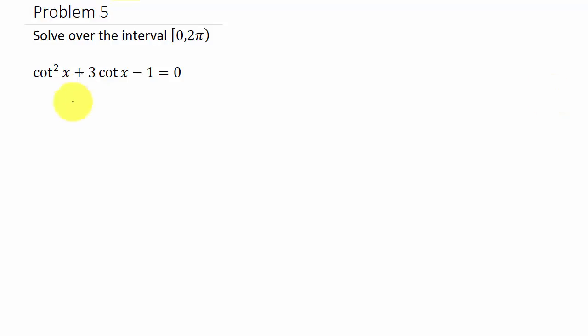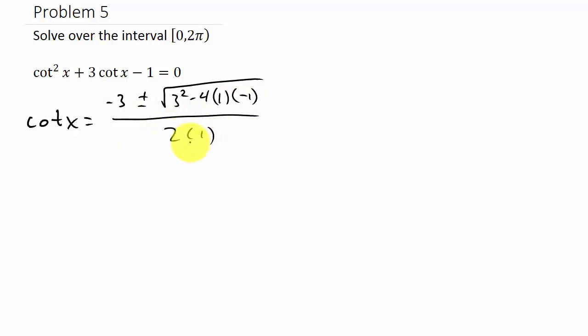Alright, so quadratic formula, I have cotangent x is equal to negative 3 plus or minus the square root of 3 squared minus 4 times a times c, all over 2 times a. And so I get cotangent x is negative 3 plus or minus the square root, and that's going to be 9 plus 4, that's 13, over 2.